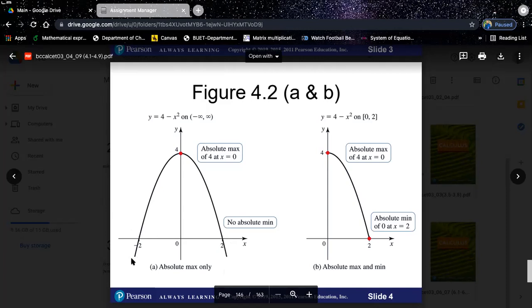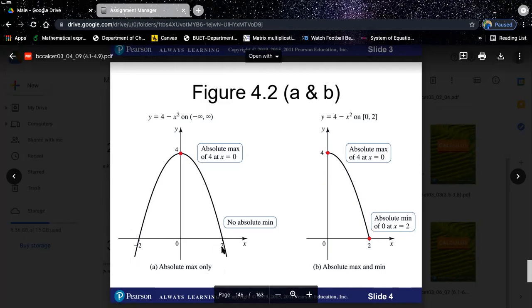And for a minimum value to exist, you need to have an end point there, or you need to have a change of direction there. If it keeps going forever, you can't really have an ending to it.